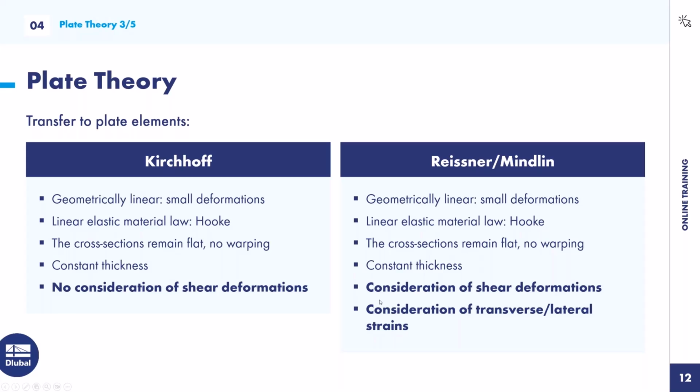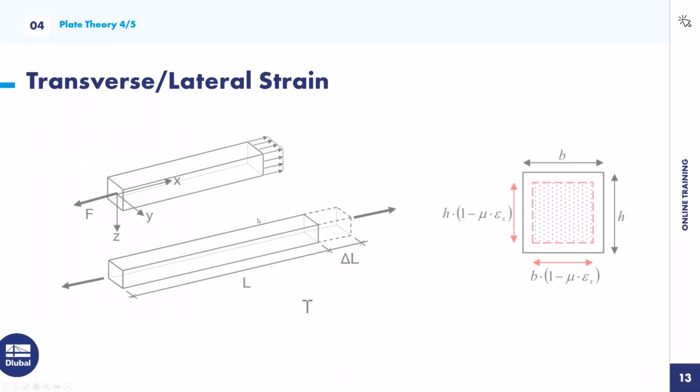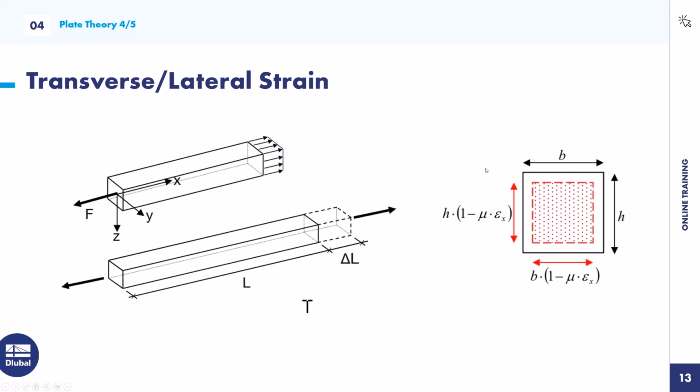For plates, we also consider the transversal and lateral strains. That was the Poisson's ratio in the program. We set it to 0 to have a better comparison to the beam element. We could have also taken just the Kirchhoff theory. Just what the Poisson's ratio means: it defines the ratio in this equation.